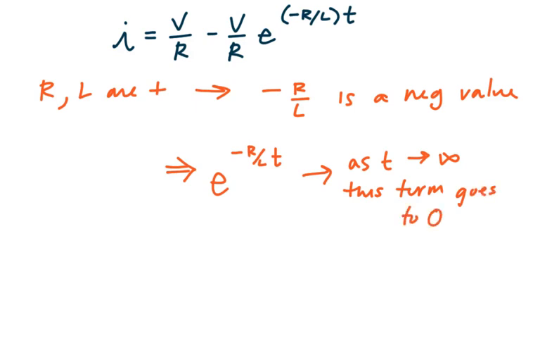So this zeroes out. So if we look now at the limit of I as t approaches infinity, that would be doing the limit of this function.